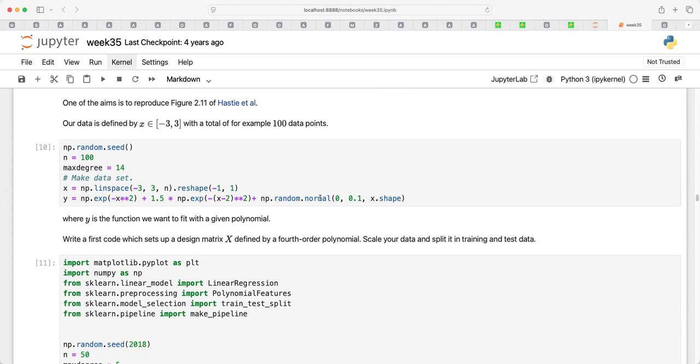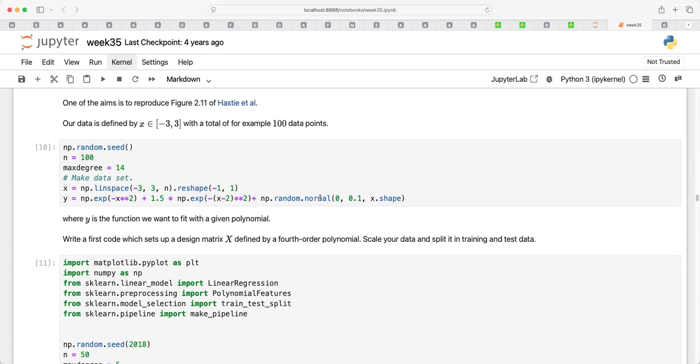So we know that in principle here, if you think of the Taylor expansion of the exponential, we should have an infinite order polynomial, okay? So what I'm going to do now is to use one of the things we had last week, where I use scikit-learn and the polynomial features of scikit-learn. So I'm not constructing the design matrix by hand. I have another program below where I'm just setting this up by making a loop.